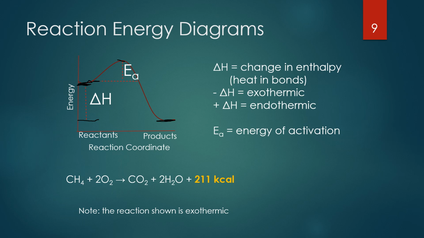That's your delta H. You remember when we said delta H was change in enthalpy? Well, change is always final minus initial. And we said the final was the products and the initial was the reactants. So it makes sense that that would be the distance from where the products are up to where the reactants are.